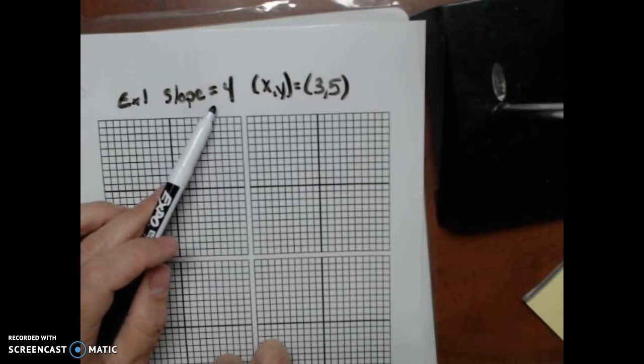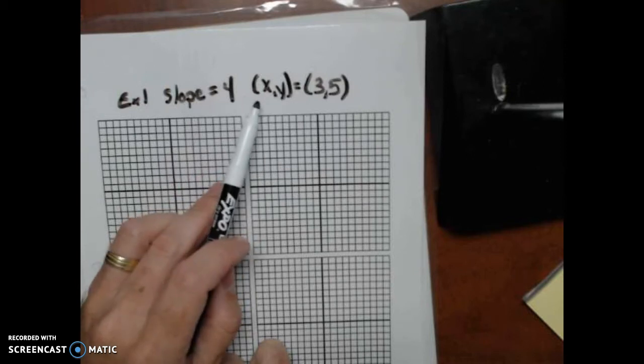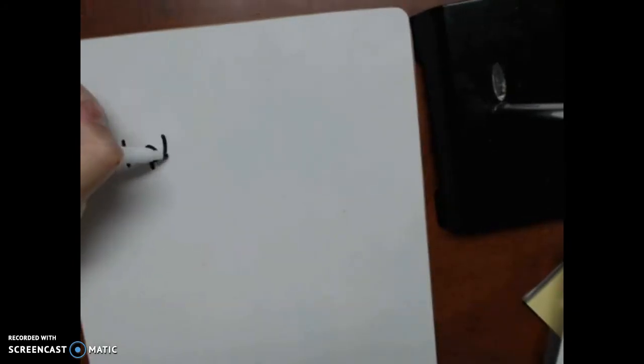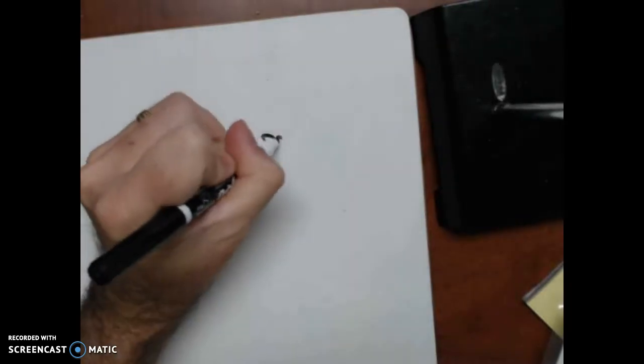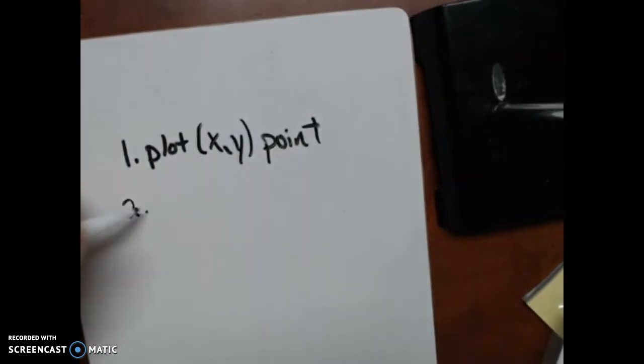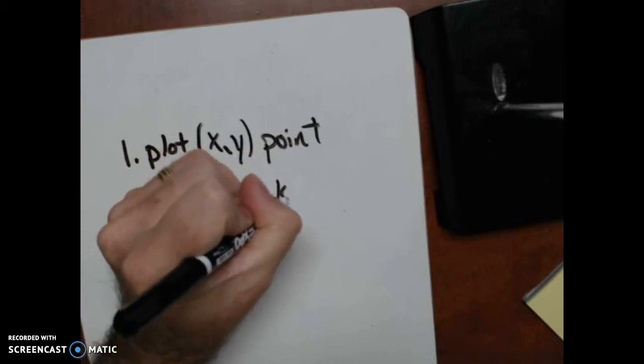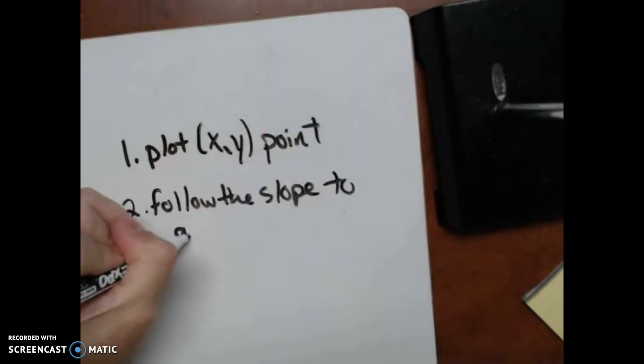All right, here we are. Example 1 says that we have a slope of 4, and the line goes through the point (3, 5). Here are some step-by-step instructions. First, plot your point. Second, follow the slope to another point.